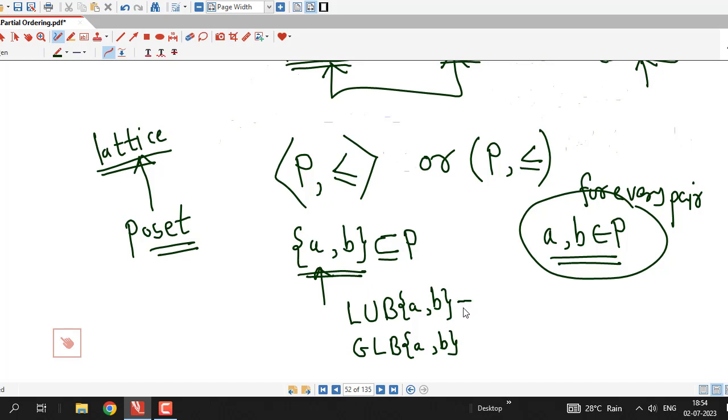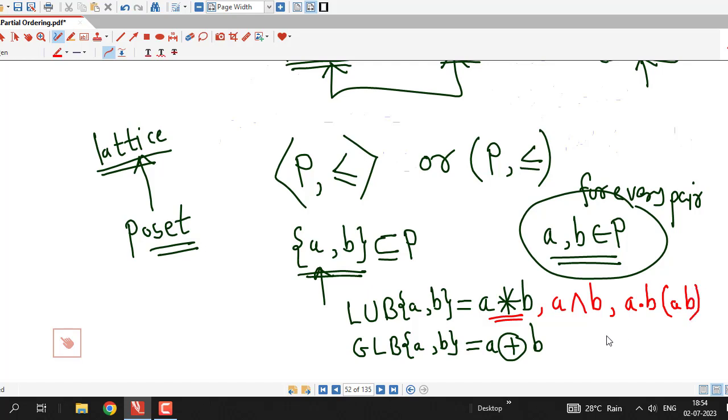The least upper bound of this subset is denoted by A star B, and the greatest lower bound is denoted by this symbol. There are different symbols for the least upper bound as well as the greatest lower bound. This is one symbol. Another symbol is A meet B, or A and B, or A dot B, or simply AB.